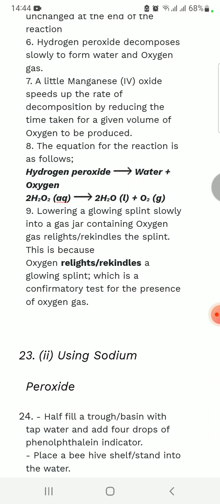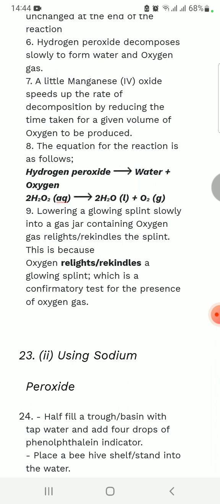I hope you have realized that when you use hydrogen peroxide, you use manganese(IV) oxide, and manganese(IV) oxide acts as a catalyst. You need a gas jar, a beehive, a basin with water, and hydrogen peroxide in the dropping funnel.